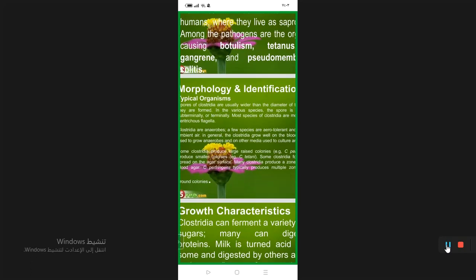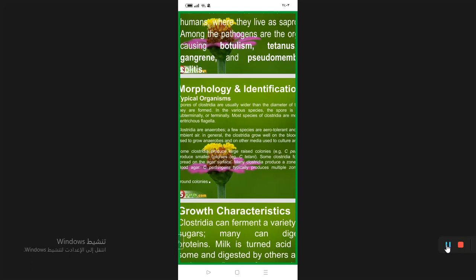When compared with Bacillus, the spore has the same width as the bacilli, but in Clostridium the spore is wider than the diameter of the bacilli and located centrally, subterminal, or terminal. This helps in differentiation between species.